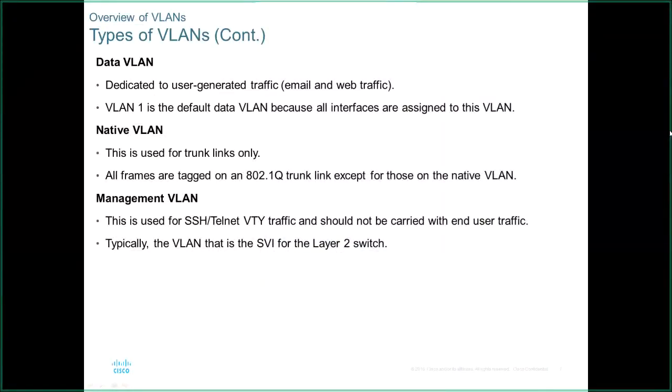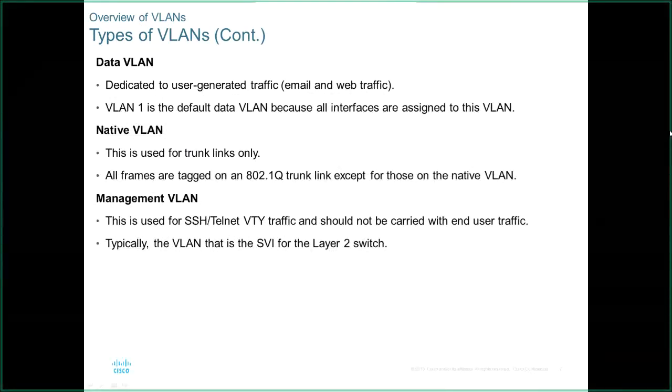Now, what are the different types of VLANs? We have data, which is our general purpose term. So all user-generated traffic, such as emails and web traffic, will go across a data VLAN.